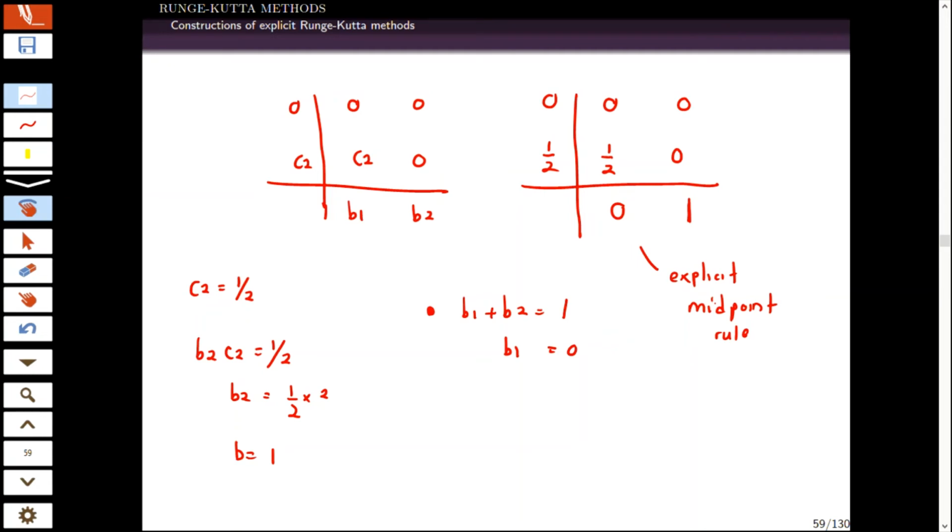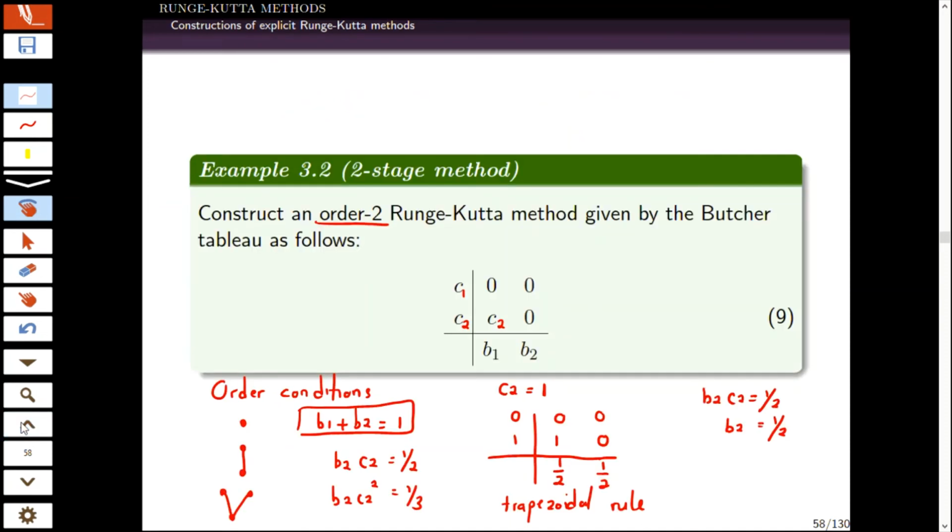Can we have any other method? To check any other method, you just have to satisfy the condition. Sometimes you can use the order 3 condition, this one, because we know that this method will fail for order 2.